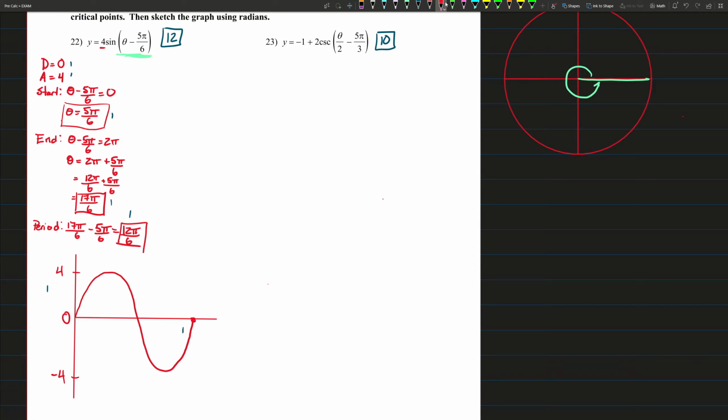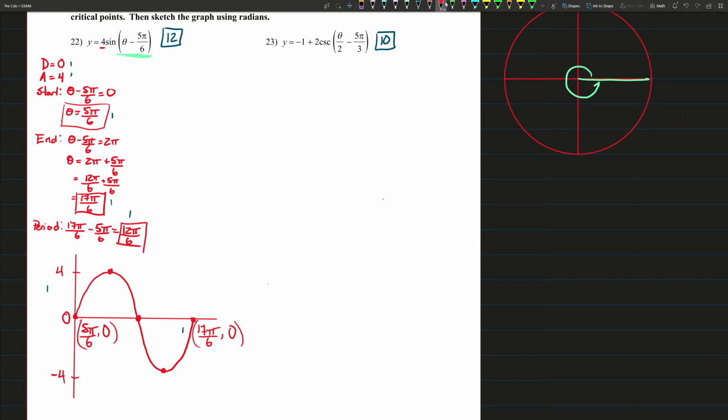All right, so we have the start and the end. Our start is 5 pi over 6, so this is going to be 5 pi over 6, comma 0. Our end is 17 pi over 6, so this is going to be 17 pi over 6, comma 0. And then we have to find our center point, our max, and our min.